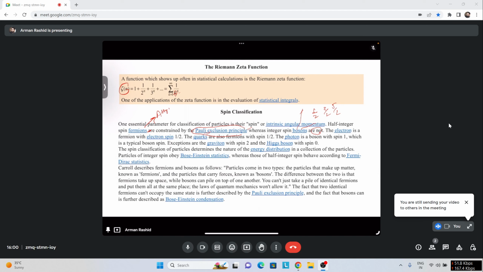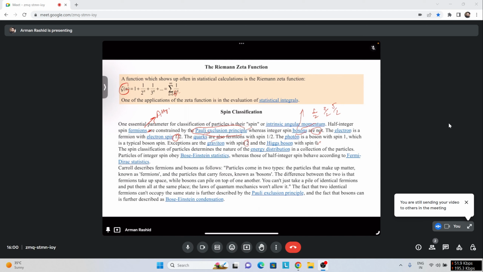Okay, the electron, for example, is actually a fermion, because it has a spin of 1 by 2. If we say quark, it's also a fermion, it has a spin of 1 by 2. But a photon has a spin of 1, so it is a boson. The graviton is also a boson, it has a spin of 2, and the Higgs boson has a spin of 0. So we have the photon, the graviton, and the Higgs boson as bosons.